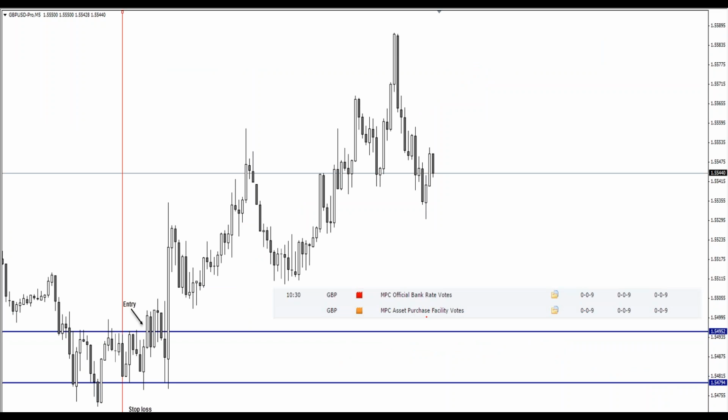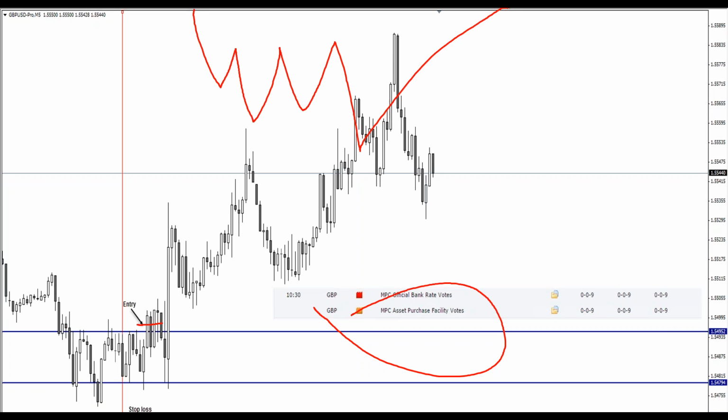Another example, MPC official bank rate votes. Let's say this was bullish for GBP. This was the setup candle. Okay, news was good. This is where we place our entry. Stop loss, I would go with a conservative one for this kind of news. I always place a conservative stop loss because these kind of news releases tend to whipsaw the price a bit and then spike in either long or short direction depending on how the news was translated.